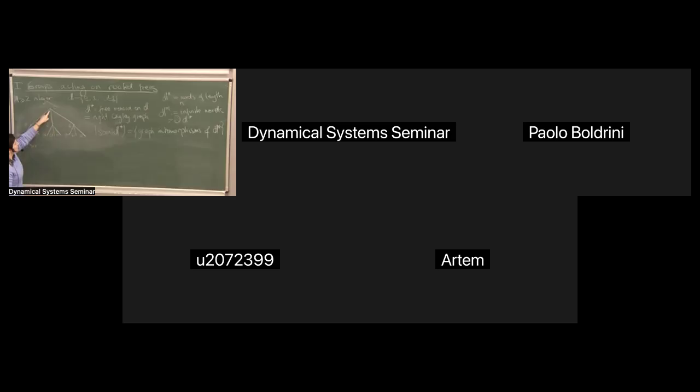Because the root is the only vertex with d neighbors, and everybody else has d plus 1 neighbors, the root has to be preserved. And of course, if the root is preserved, then everything at distance 1 has to stay at distance 1. So the only thing I can do is move these around. And then I might be able to move these, or these, or these, and so on. This is the group that we care about.